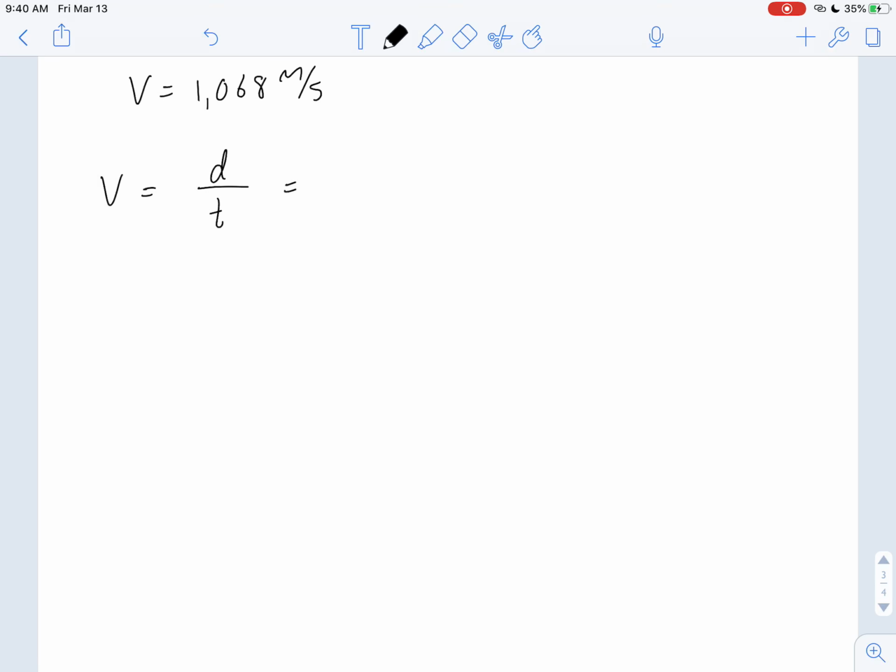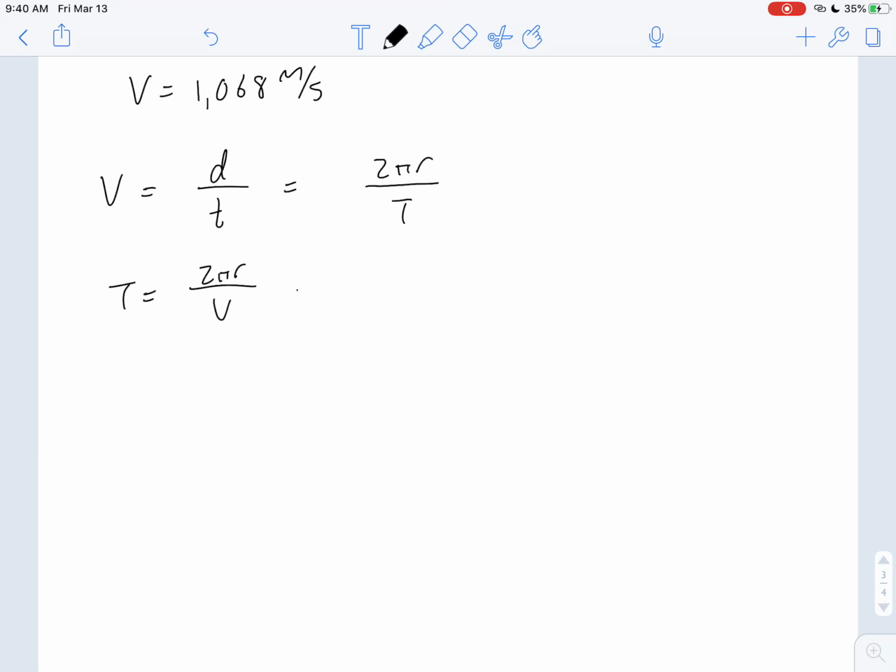The distance traveled by the moon, if it's a perfect circle, would be equal to 2 pi r, the circumference of its orbital path, divided by the orbital period. If I solve for orbital period, we're going to get 2 pi r over v.